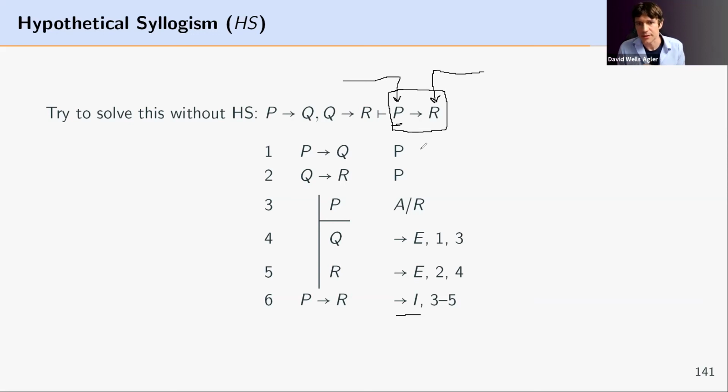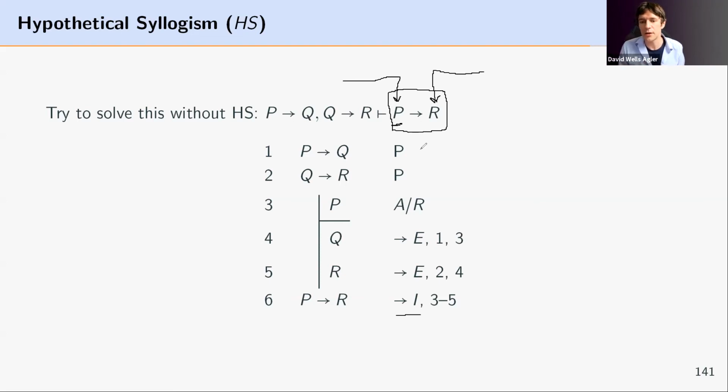So how do I do this? Well, if I look at line 1 and line 2, since I have P at line 3, I can use conditional elimination to derive Q. So I assume P is the case, and I see line 1 says, if P then Q, I have P, therefore Q is the case.